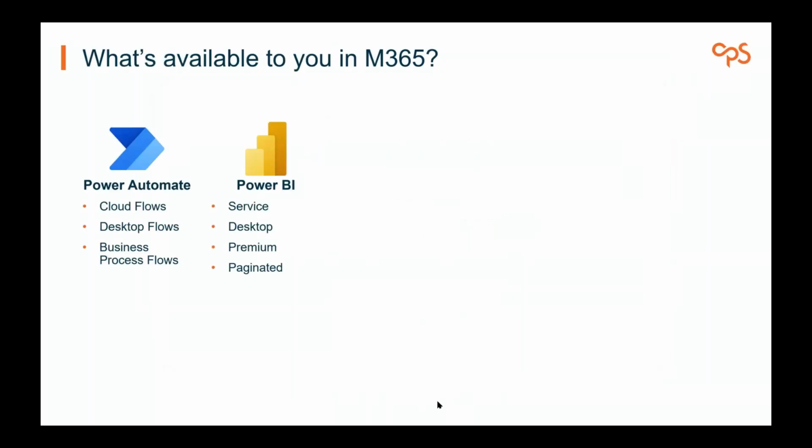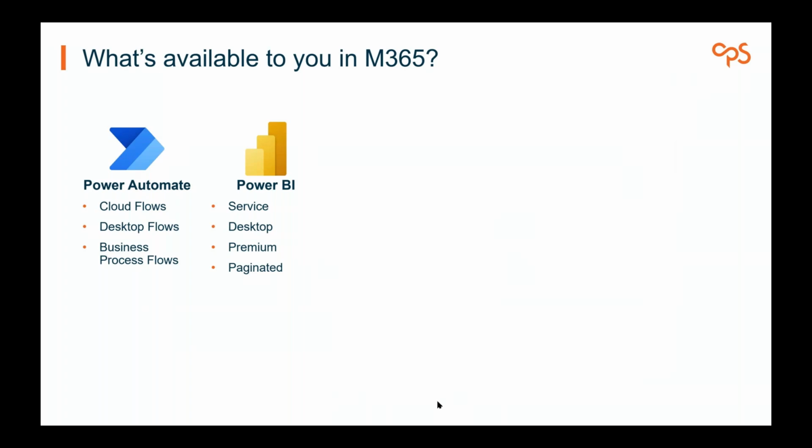So I've spoken around some of these technologies already, and this just goes into a little bit more detail in terms of within each of these services, what can we do? So Power Automate, we have various different subcategories. We have cloud flows, desktop flows, and business process flows. So cloud flows enable us to conduct automation based on schedules, based on instantaneous button clicks.